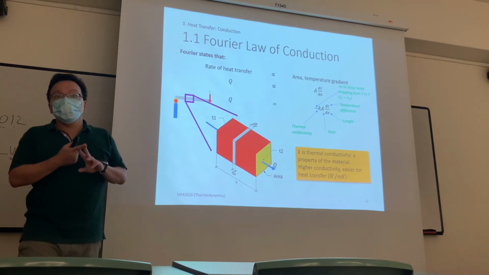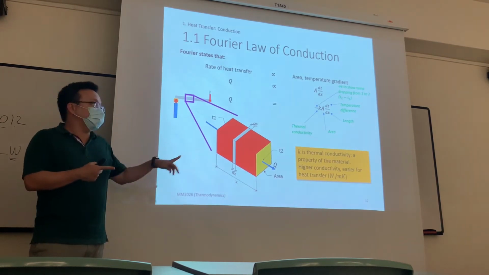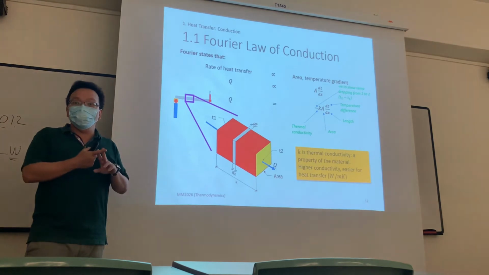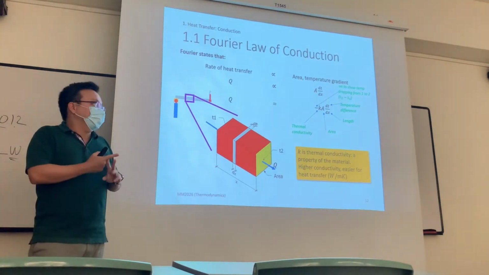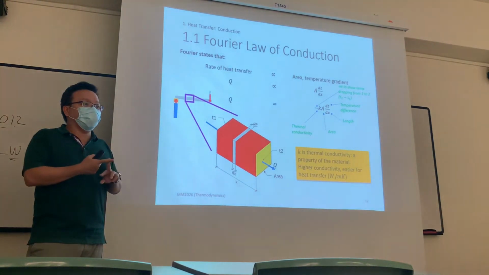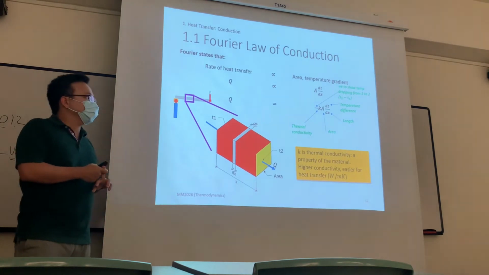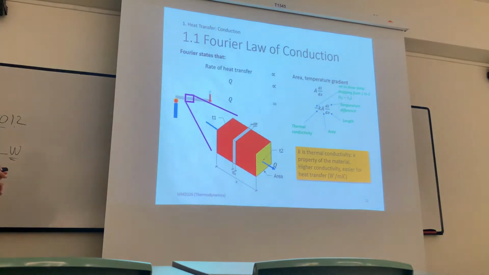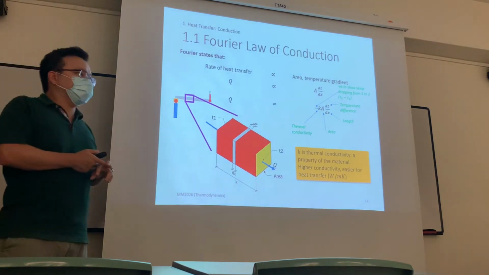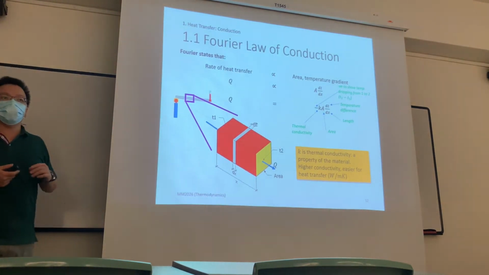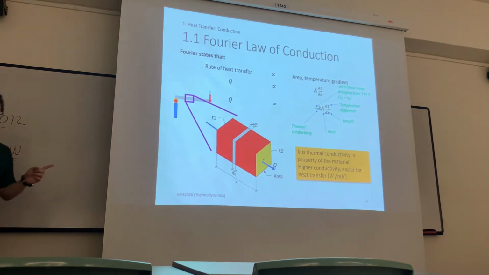If you blur this part, this is the basic, I haven't come to calculation yet. This is still fundamental. So high K means conductor, low K means insulator. Alright? Okay, can I continue? Yes, all done?